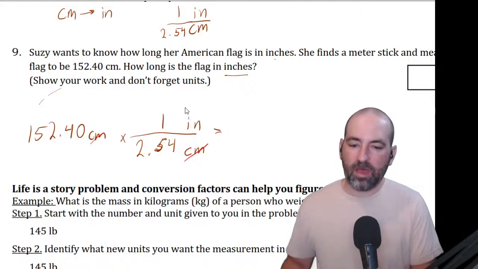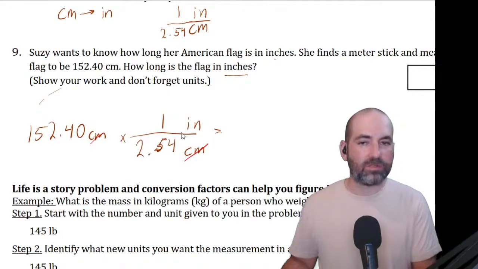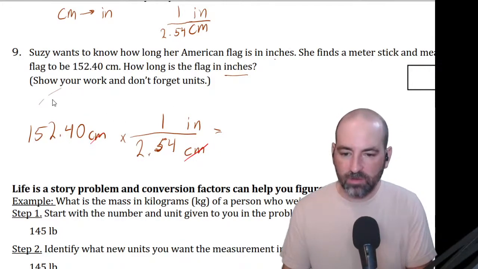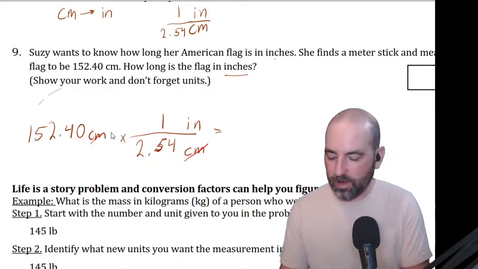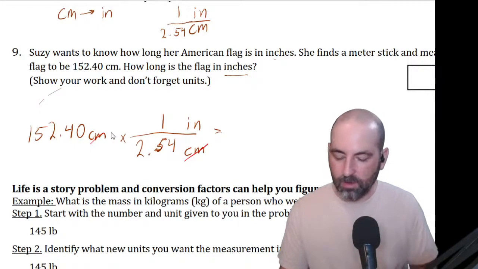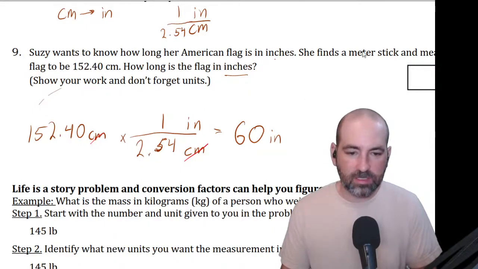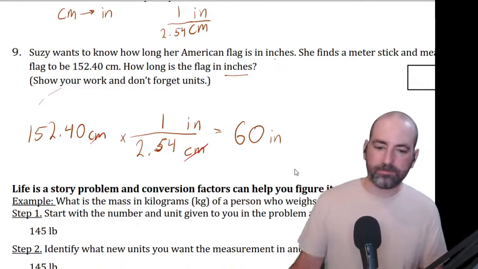And so now I can solve that problem by multiplying through whatever's on top and dividing by whatever's on the bottom. So in this case, that would be 152.4 divided by 2.54. So we get 60 inches for that one.